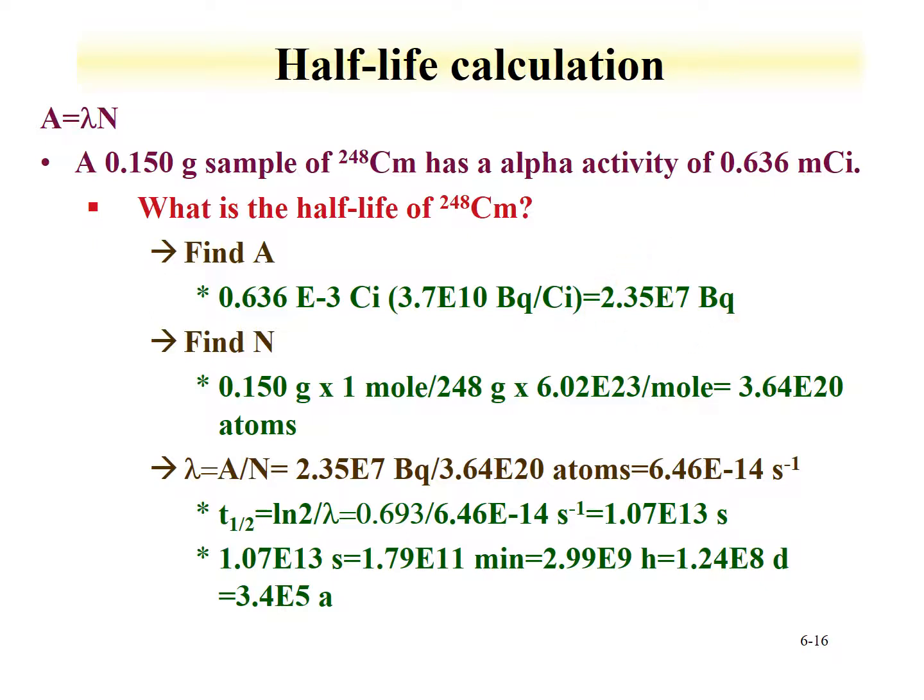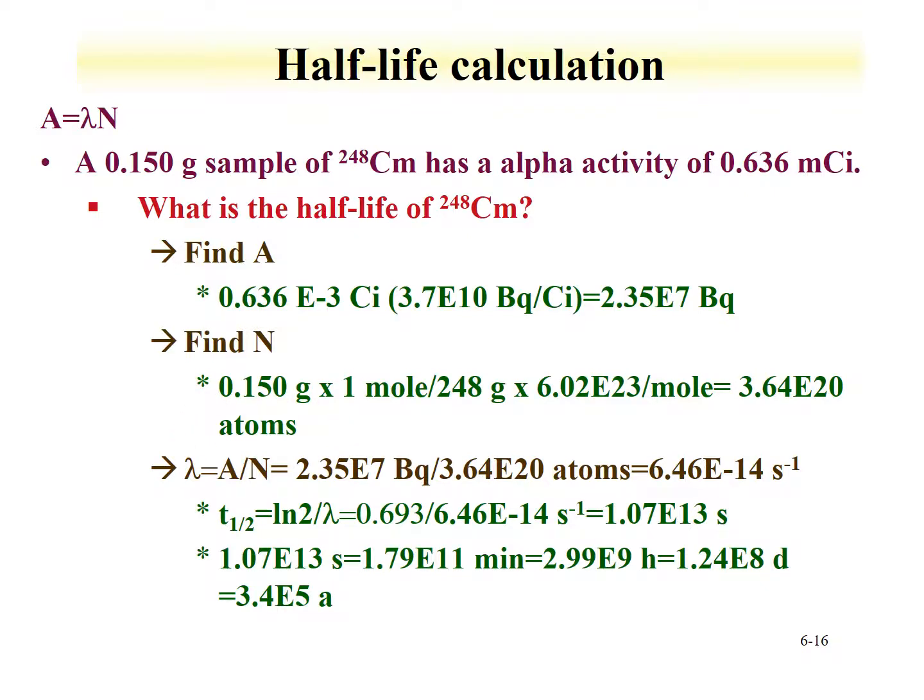It's counts per second. I find N if I have 0.15 grams times 1 mole per 248 grams of curium-248 times Avogadro's number. I get 3.64 times 10 to the 20th atoms of curium-248.